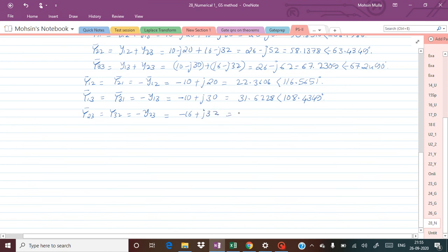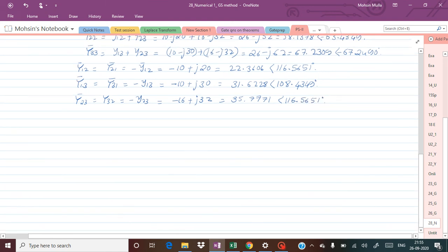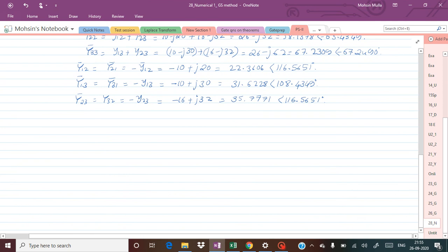In polar form it is 35.7771 at an angle of 116.5651 degrees. So these are the y bus elements.